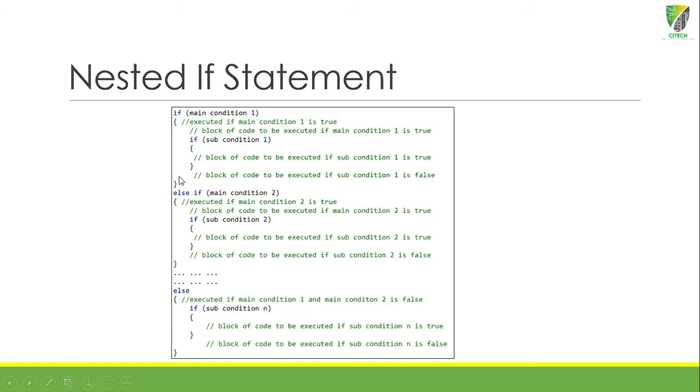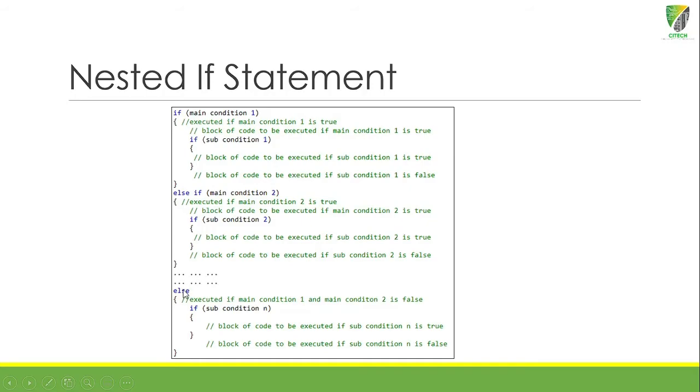Okay, after nun is meron tayong another main condition na else if. So, sa loob ng main condition 2 natin, meron tayong another nested if statement. So, mag-uumpisa rin siya dapat sa if kasi nga nasa loob siya ng isang statement. After that, we can add another else if.